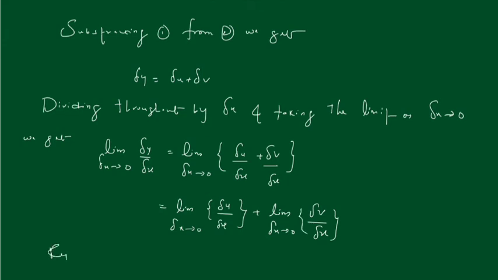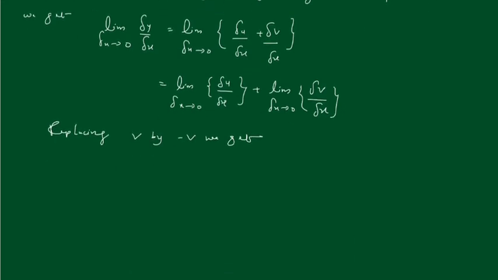So finally we can write dy by dx equal to du by dx plus dv by dx.